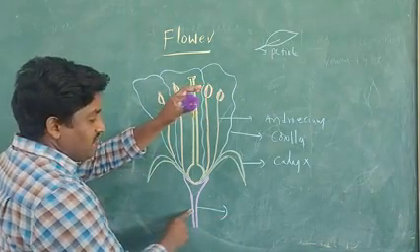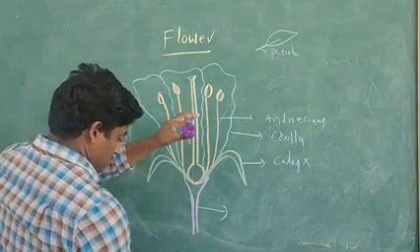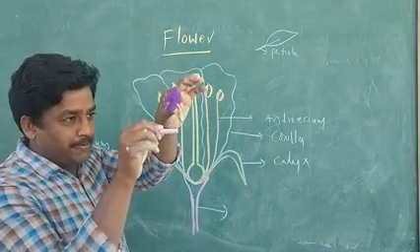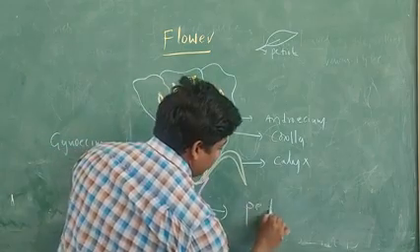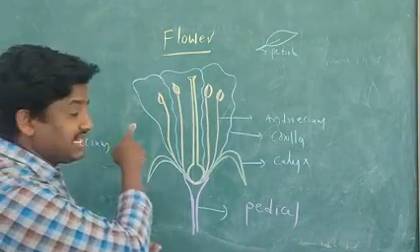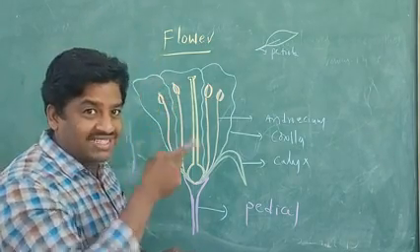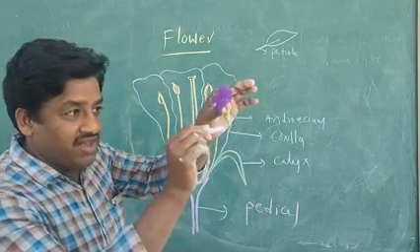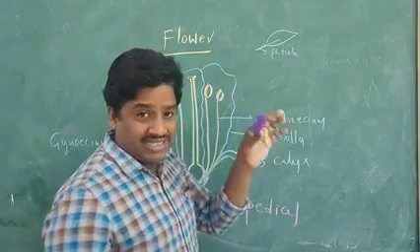Already in the inflorescence I said peduncle. All the flowers are arranged on a common axis, and the common axis is called the peduncle. Here, the flower stalk, that is the stalk of the flower, is what you call the pedicel.